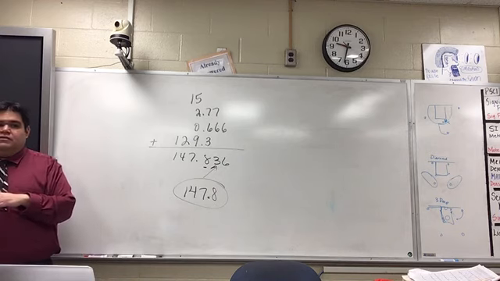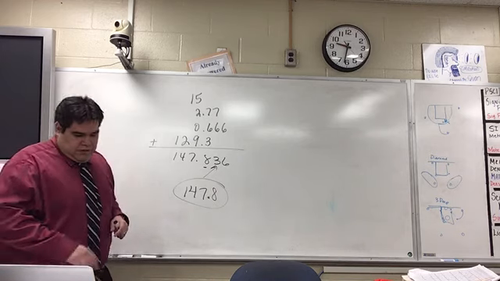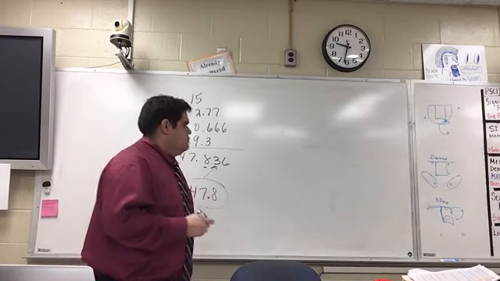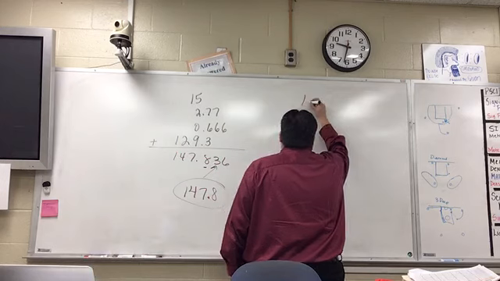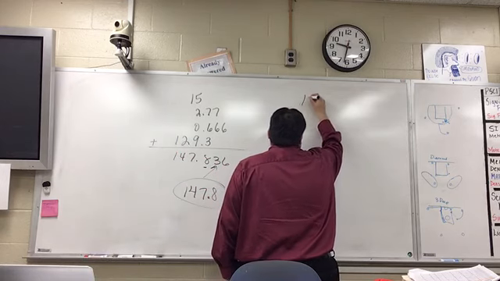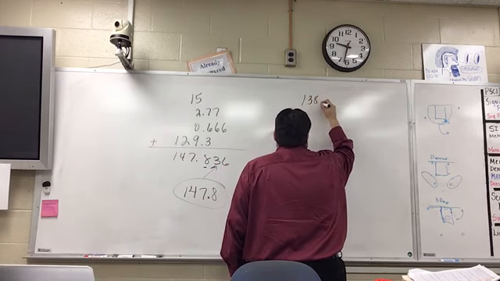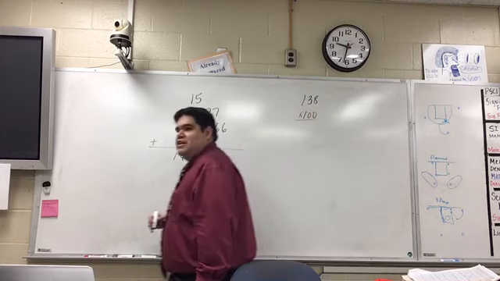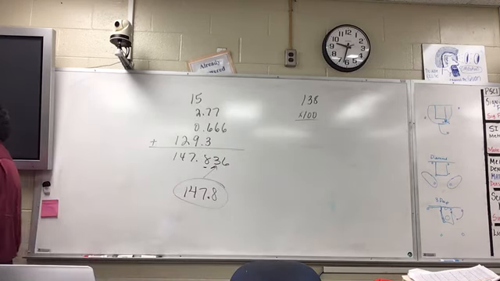You're going to get some practice. That's why you get a sheet today. Let's do multiplying, though, because multiplying is a little bit more dicey. So let's go with 138 times 100.